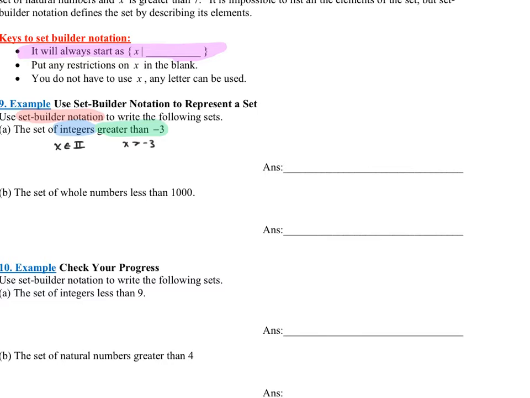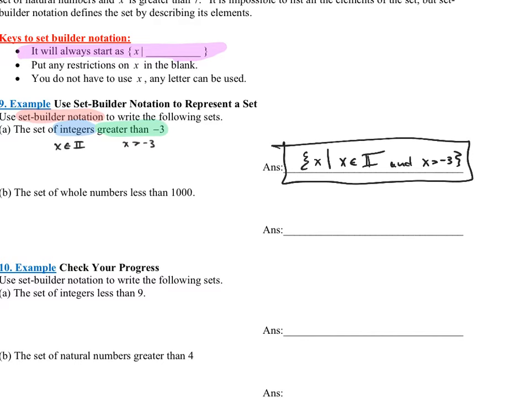So what would it be? We would have the set of X such that, every one of them has to start that way. Now I write my restrictions. X is an element of the integers, and X is greater than -3. Okay, so that's the mathematical way of doing it, but I told you you did not have to use that math notation.